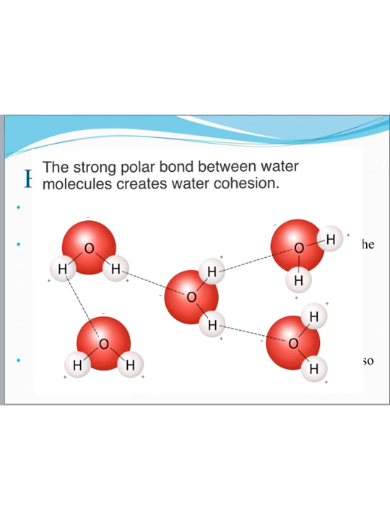We also see objects that are able to float on water, not just due to density, but due to the hydrogen bonding occurring between water molecules that is strong enough to support other forces acting on it.